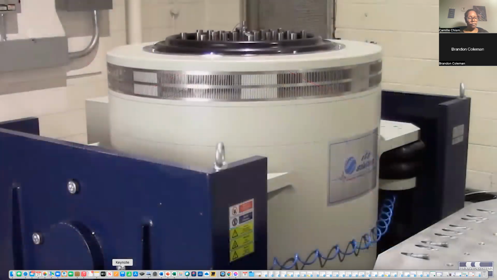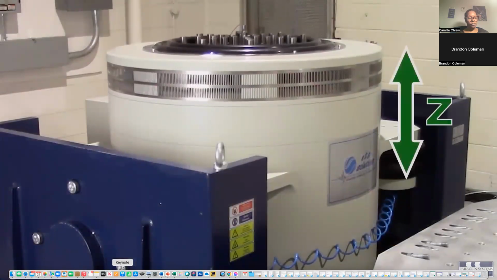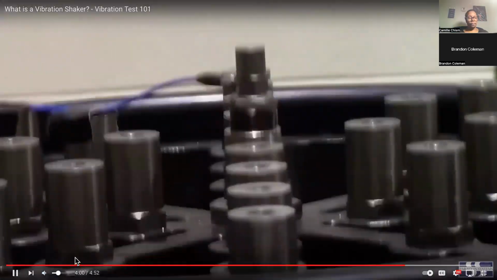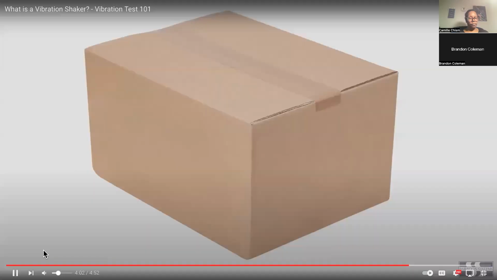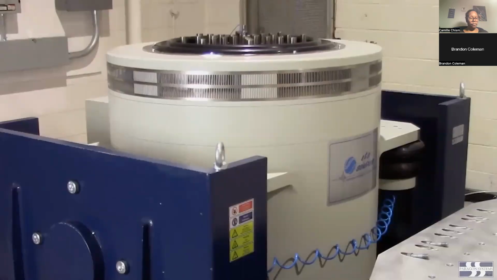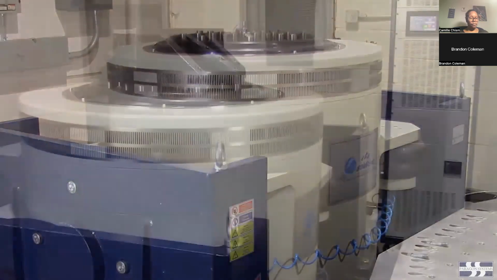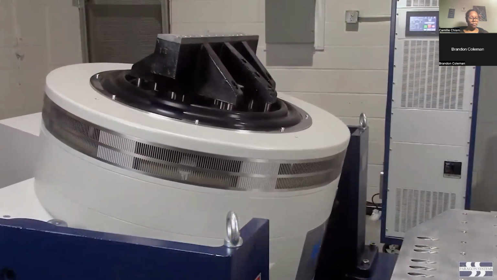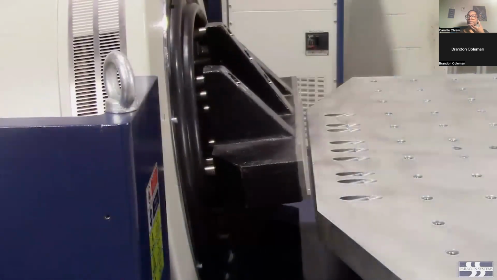The actuator by itself can only produce vibration in one direction, typically in the vertical or Z-axis. Vibration tests usually require vibration to be applied to a test article sequentially in 3 mutually perpendicular directions: X, Y, and Z. In a shaker, this is typically accomplished by rotating the vertically aligned actuator 90 degrees to a horizontal position after completion of the Z-axis test.